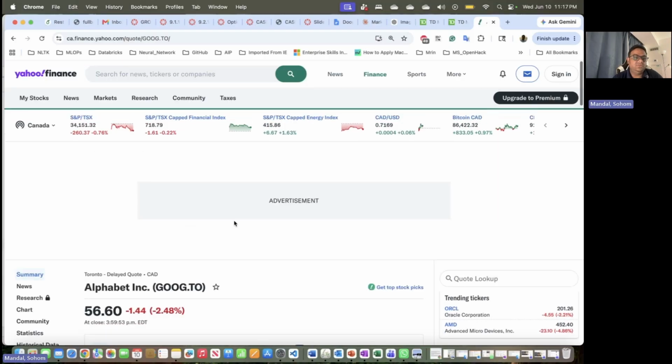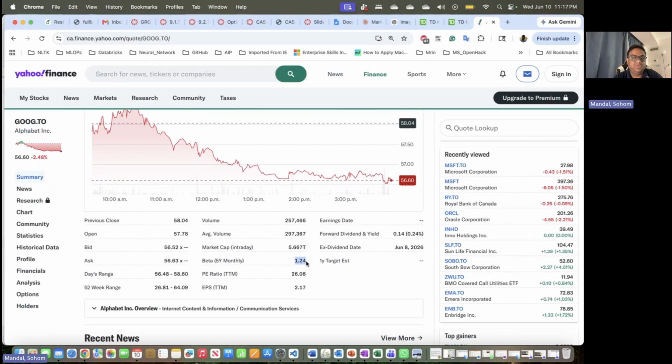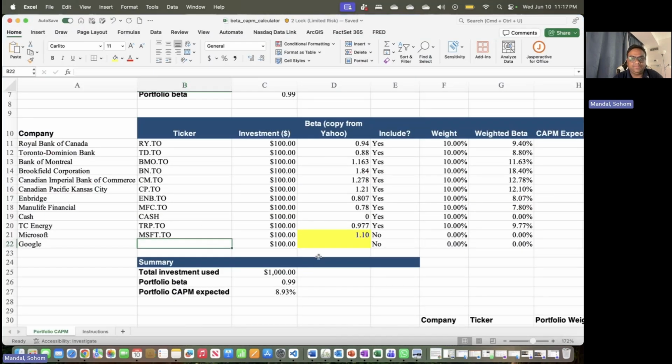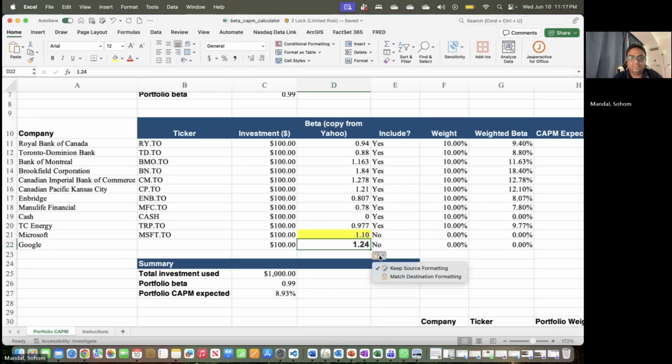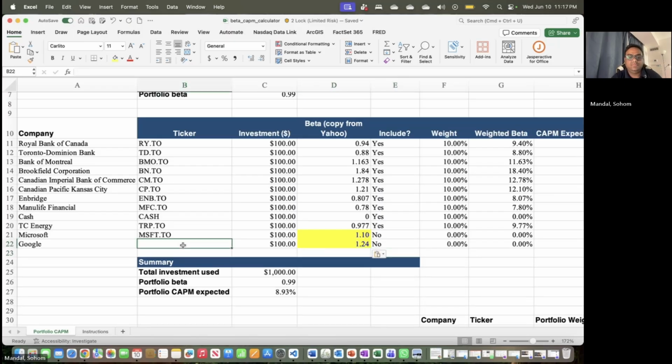It's Alphabet, the parent company, and it has a beta of 1.2. So I put it there. It's still not calculating because I did not include it.